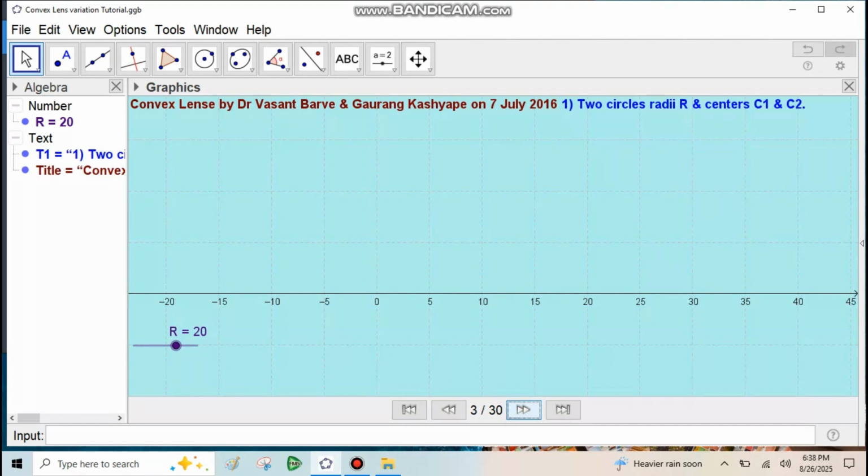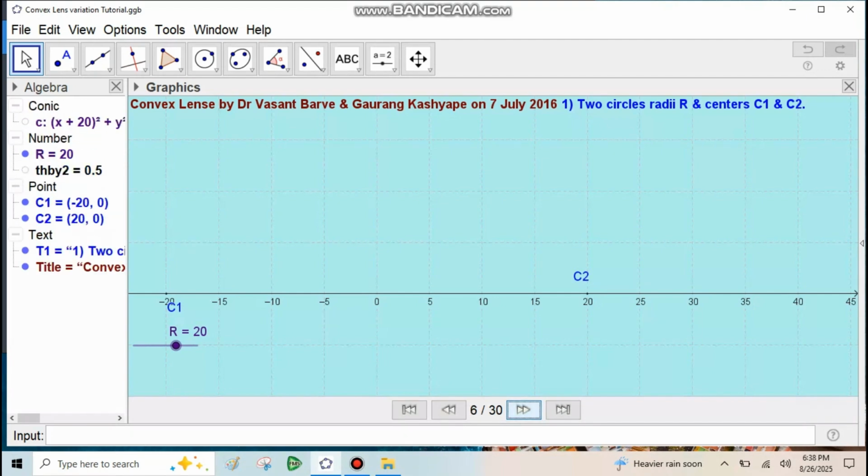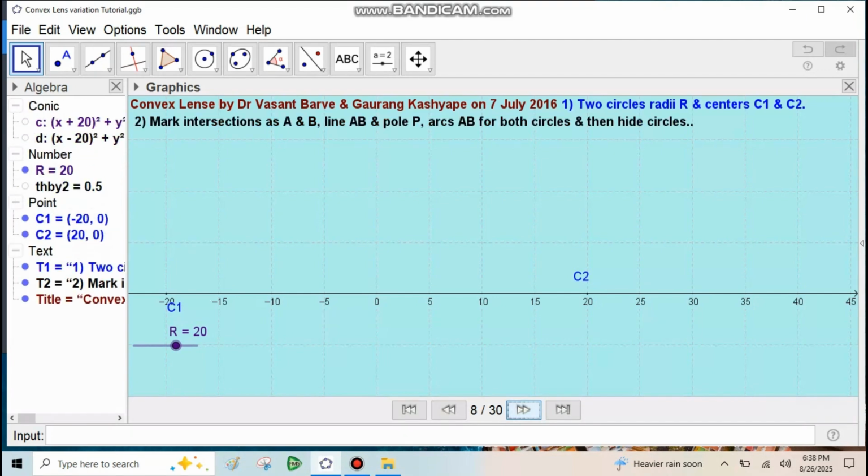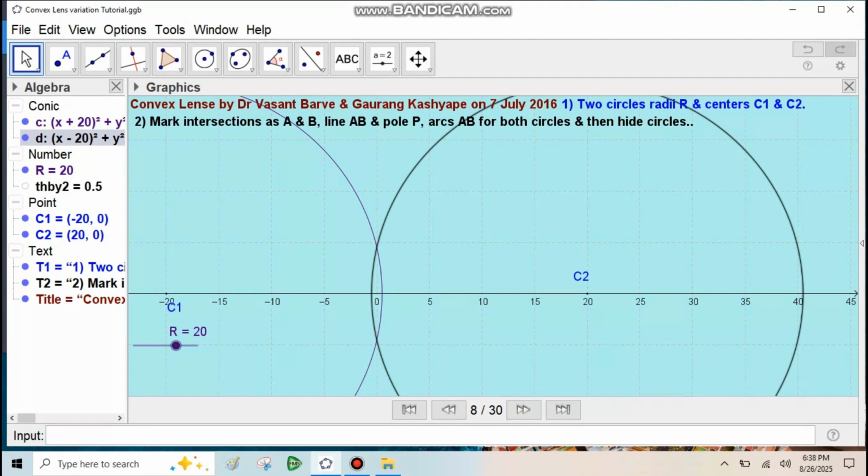Then let us see, we'll draw two circles of radii r and centers at C1 and C2 to form the lens. So we'll see these circles, and then we'll get this particular lens by marking the intersection of these, and then I can hide the circles.